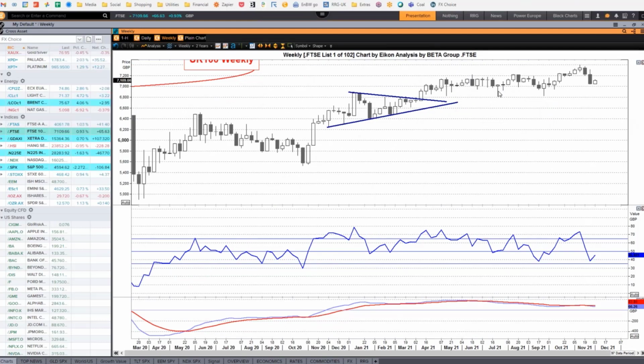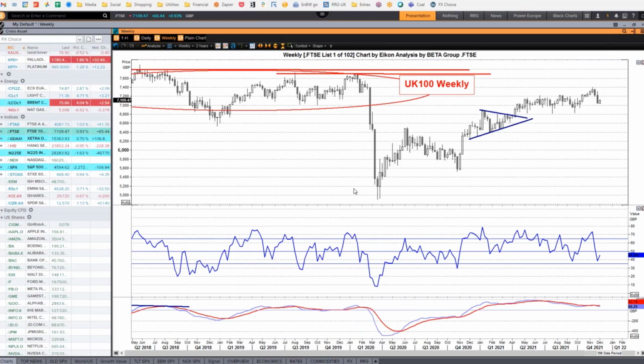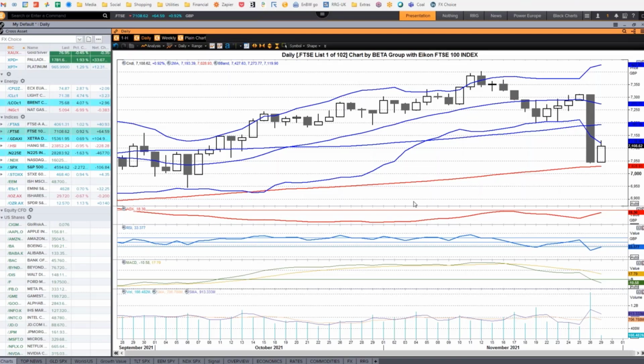I seem to have lost my scale on the right-hand side there, which is a bit unhelpful. Very important those levels do hold, but this is a horrible market, and it's very reluctant to go up when everything else is going up, and the first sign of a sell-off, oh yes please, let me lead the sell-off. That was a thump downwards.